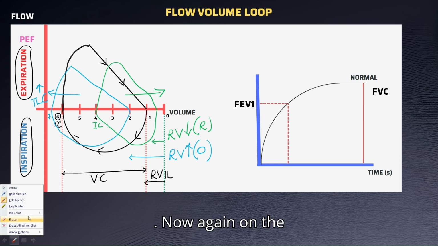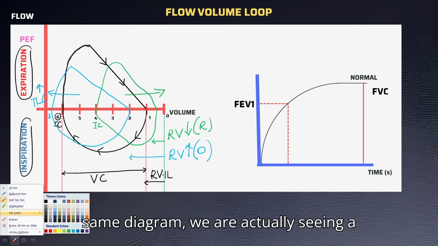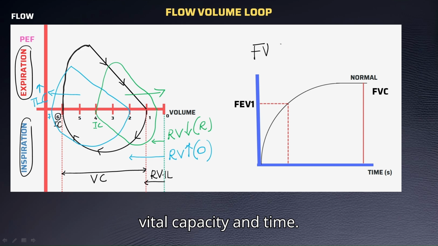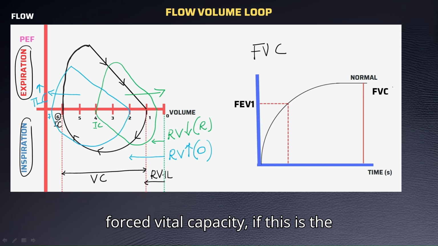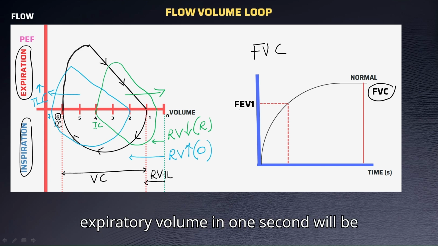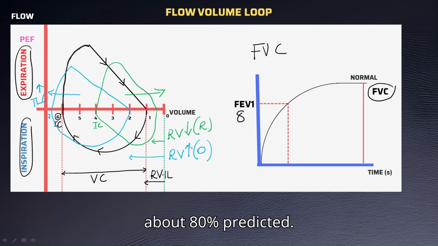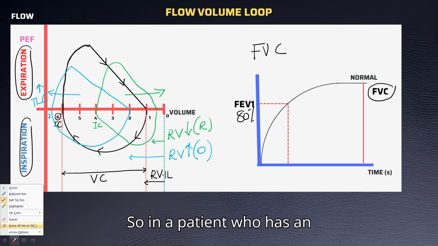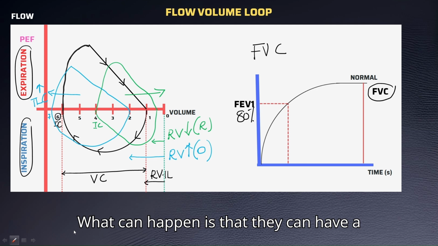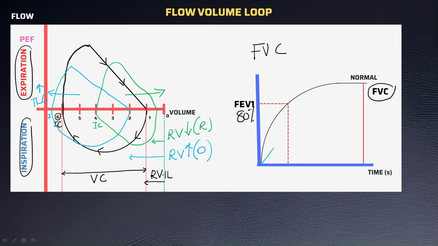Now, again, on the same diagram, we are actually seeing a graphical representation of the forced vital capacity in time, okay? And normally the forced vital capacity, if this is the forced vital capacity, the forced expiratory volume in 1 second will be about 80% predicted. So in a patient who has an obstructive lung disease, okay, what can happen is that they can have a graph like this.